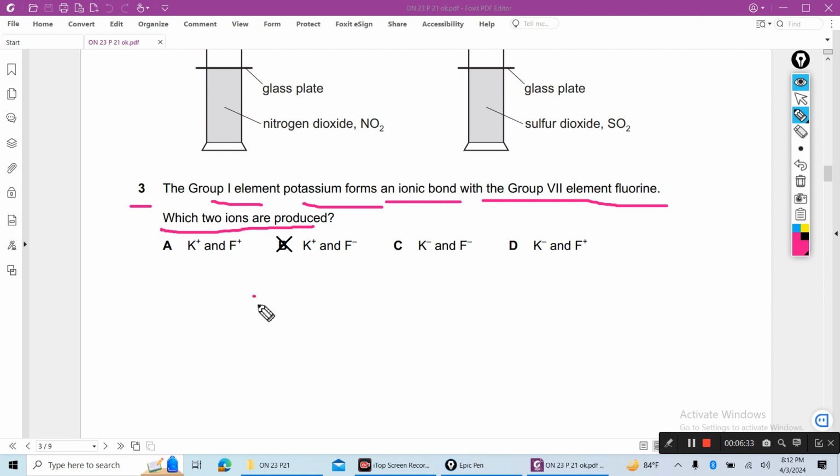And you know potassium forms K plus, as potassium is group 1, and fluorine is group 7, it forms F minus. So B is the correct answer, K plus F minus. This is wrong. Why F plus? This is wrong. Here K is minus, wrong. Here K is minus, wrong. So the answer will be B.